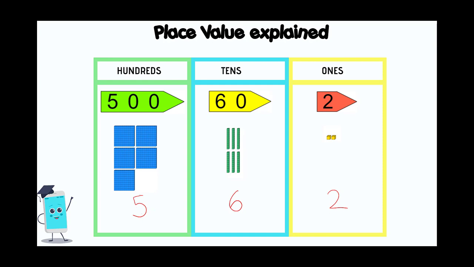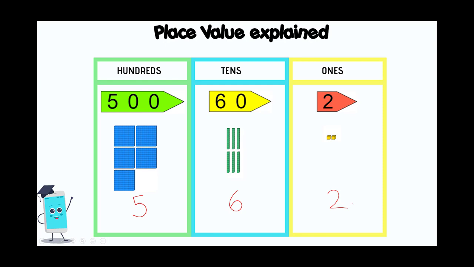Okay, the place value of 5 is 500 because the digit 5 is in this place. It's in the place where the values are hundreds. My digit 6, the place that it's in is the tens column. So the value of it is, although the digit is 6, the value of it is 6 tens, which we have here, which is the same as 60.